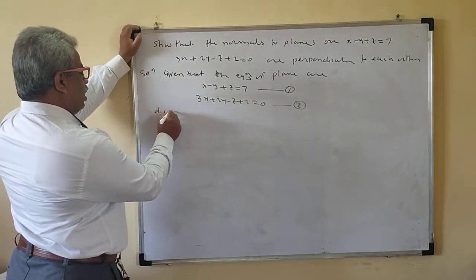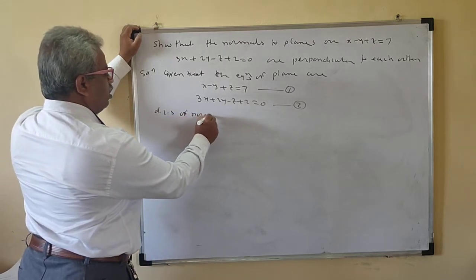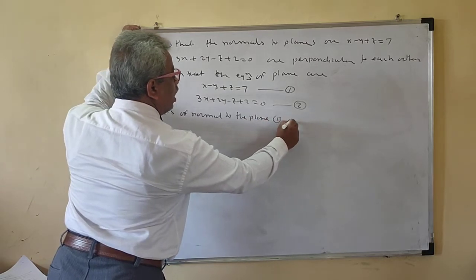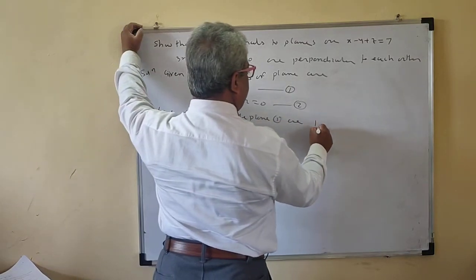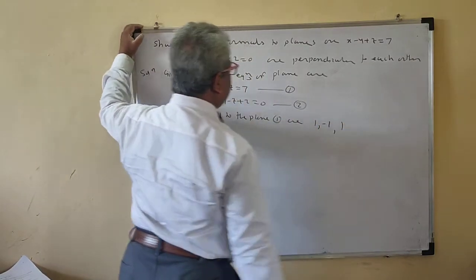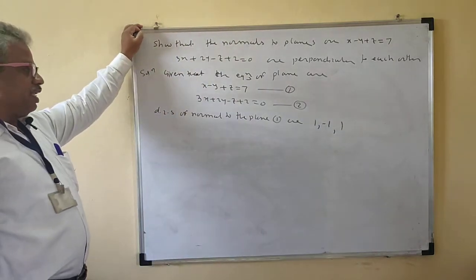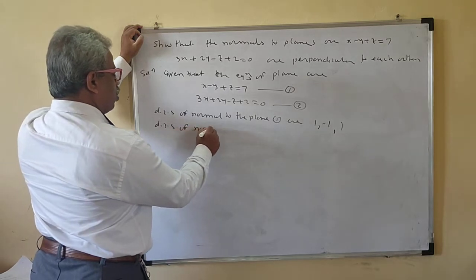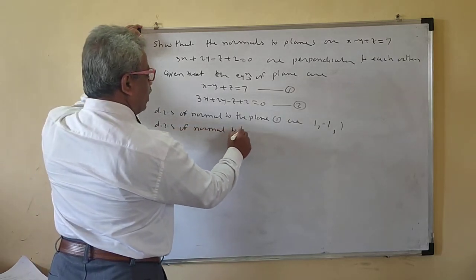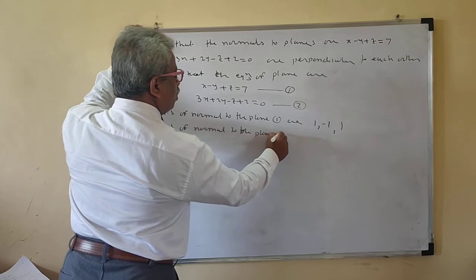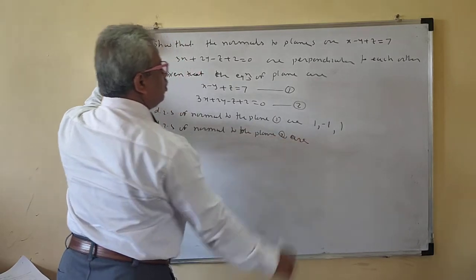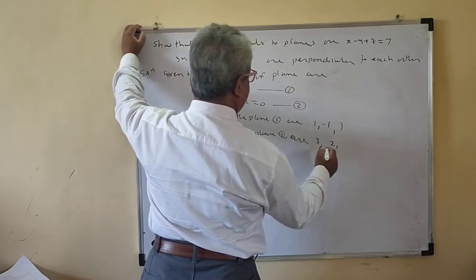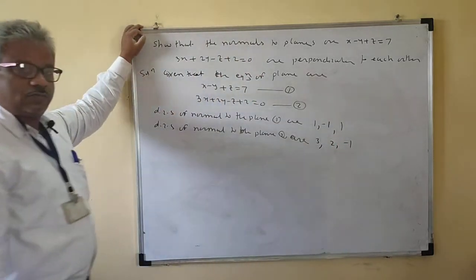So DRs of normal to the plane 1 are 1, minus 1, 1. Coefficients of x, y, z represent the DRs of normal to the plane. So DRs of normal to the plane 2 are 3, 2, minus 1.